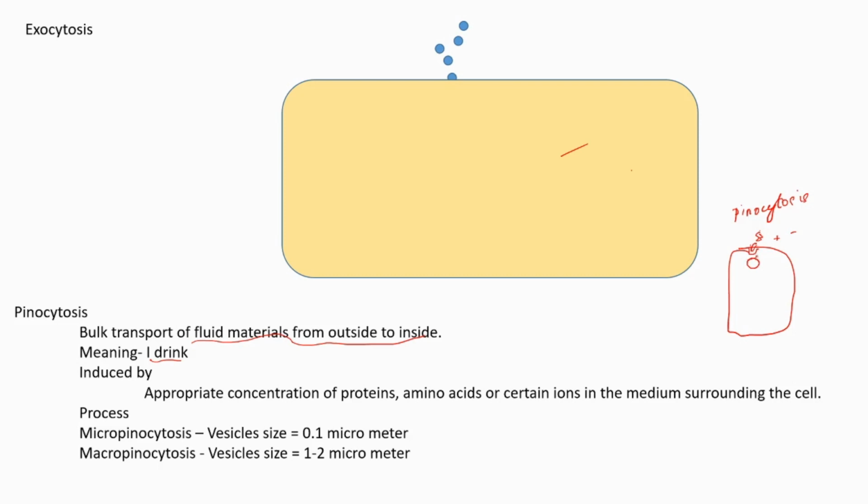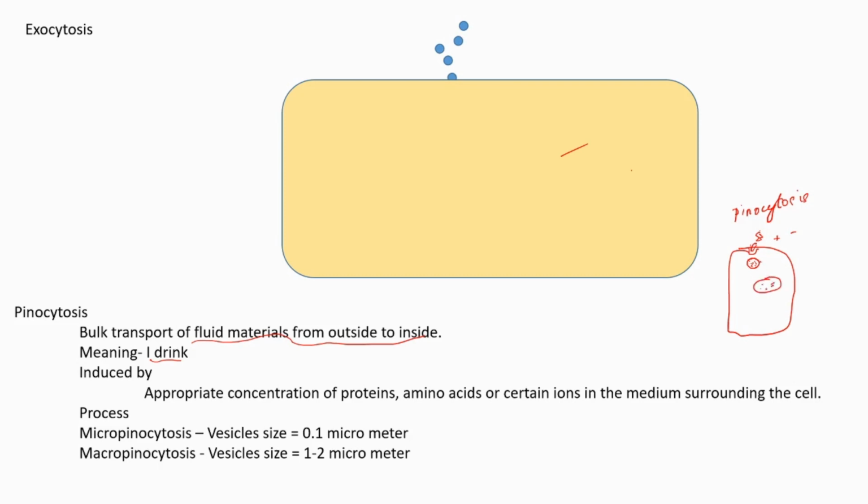Listen to that word, pinches off from the plasma membrane and forms a vesicle by entrapping that fluid matter. And those vesicles are of two types. Small size vesicles and large size vesicles.